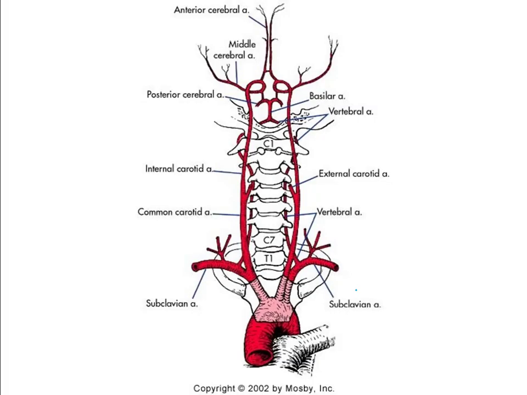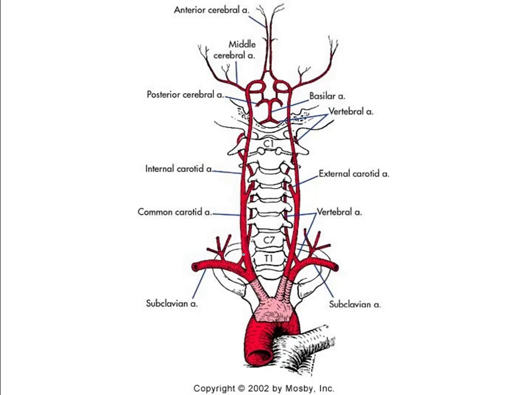So, let's think about those carotids coming up. We have the vessels that come up. We're going to have two major arteries. We're going to have the common carotid that bifurcates, giving rise to the internal carotid. That will come up bilaterally.